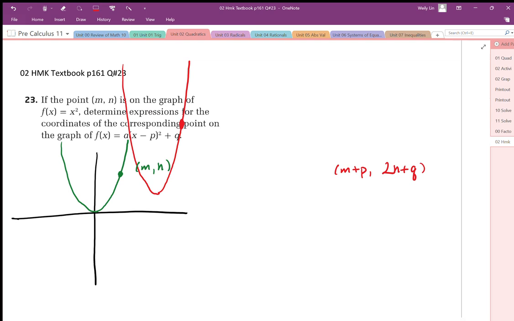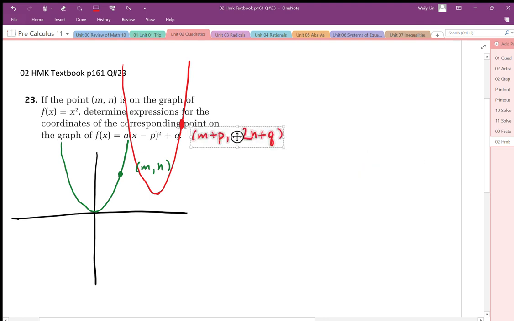So now that shifted graph has been horizontally moved over, so we get a coordinate at m plus p for the horizontal. And then for the vertical, we expanded it first to get the 2n position, so 2 times n, and then we'll shift it up q after the fact.